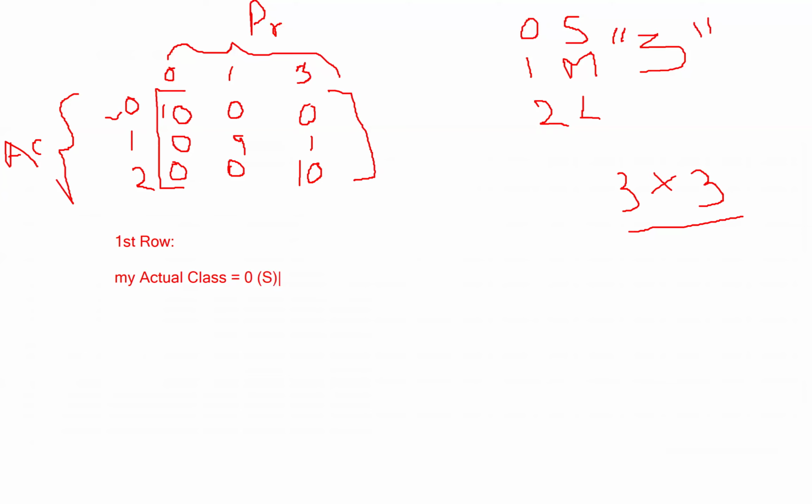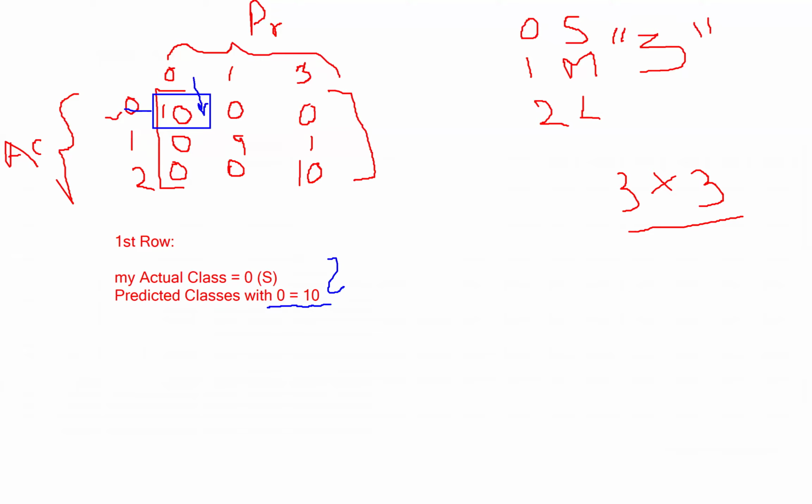I have 10 actual data which belong to class 0, and in my prediction also, all the 10 data that I have predicted are from the 0th class.